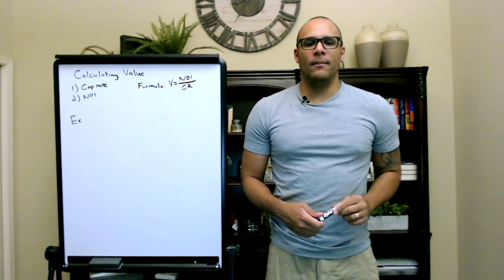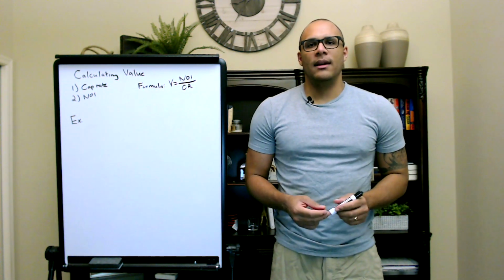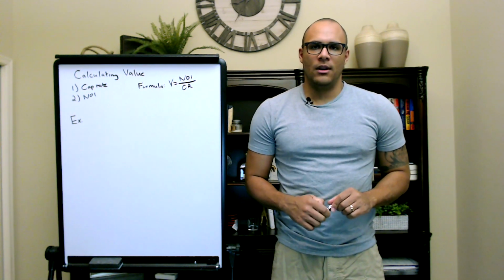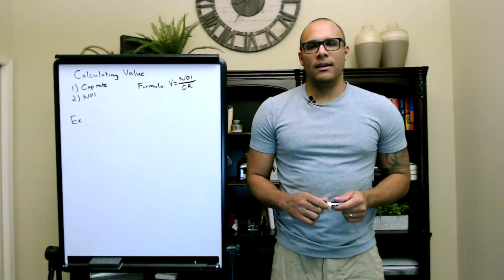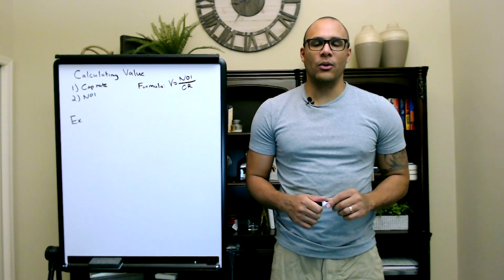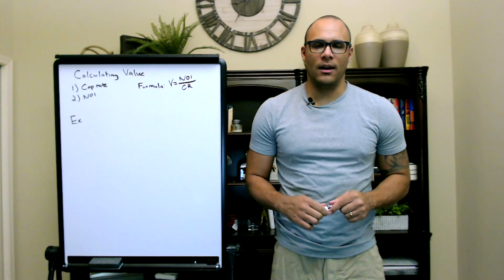NOI, net operating income, is the revenue that remains at your property after paying all expenses. It's calculated by subtracting the operating expenses from the effective gross income.